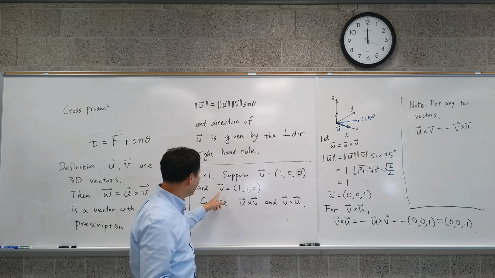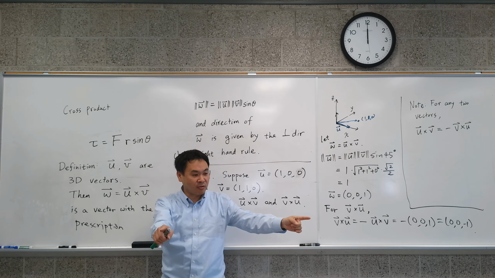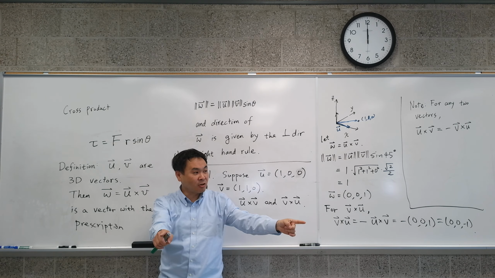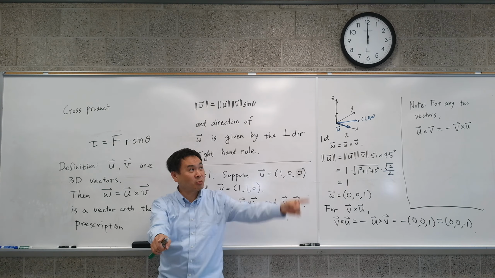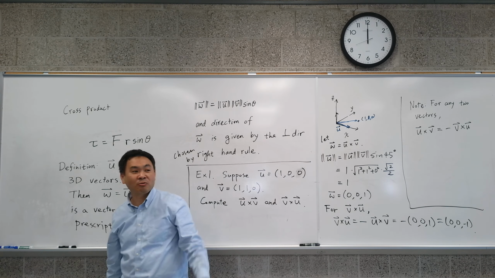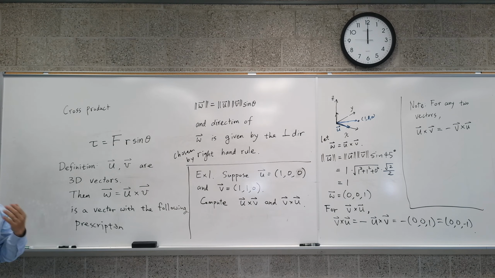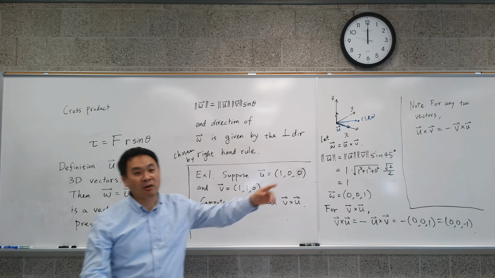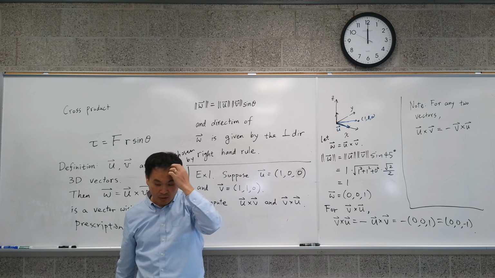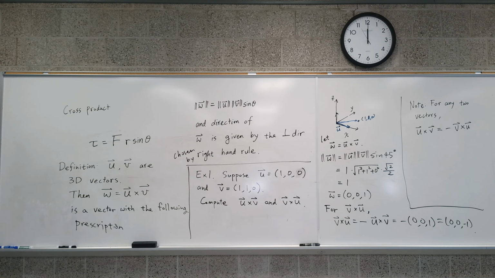Here's u, here's v, but instead you have 1, 1, 1, which is here. Then the plane containing them is like that, so where's the perpendicular direction? Well, there's a way to figure that out. We're going to learn it later. But at this point, that'll be very hard to do, right?